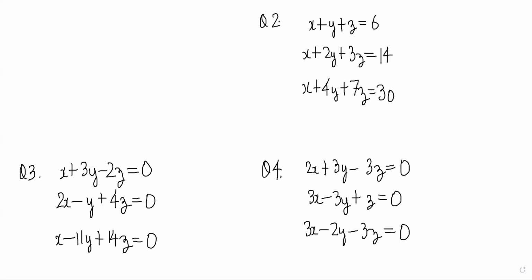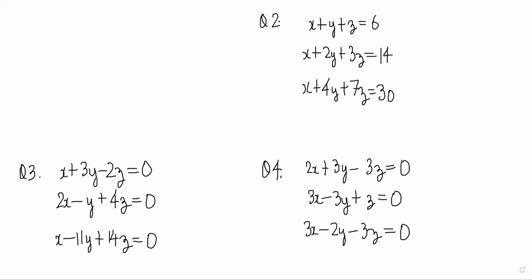What is adjoint of A for you? I got it as 2, minus 4, 2 in the column, and minus 3, 6, minus 3, and 1, minus 2, 1. What happens when you multiply it with B?